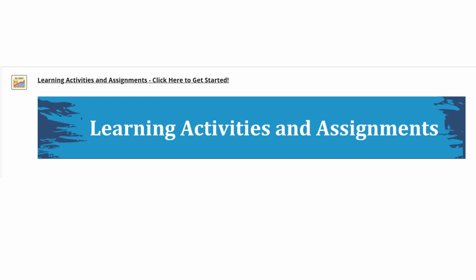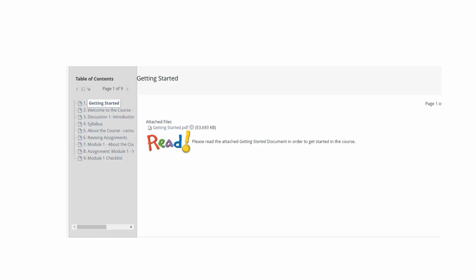All the resources that you need to complete the learning activities and assignments are in the link Learning Activities and Assignments. So you need to go ahead and click there to see it. Once you do, you can see on the left side a table of contents of what's in the folder. And you can click on that table of contents to go back and forth.